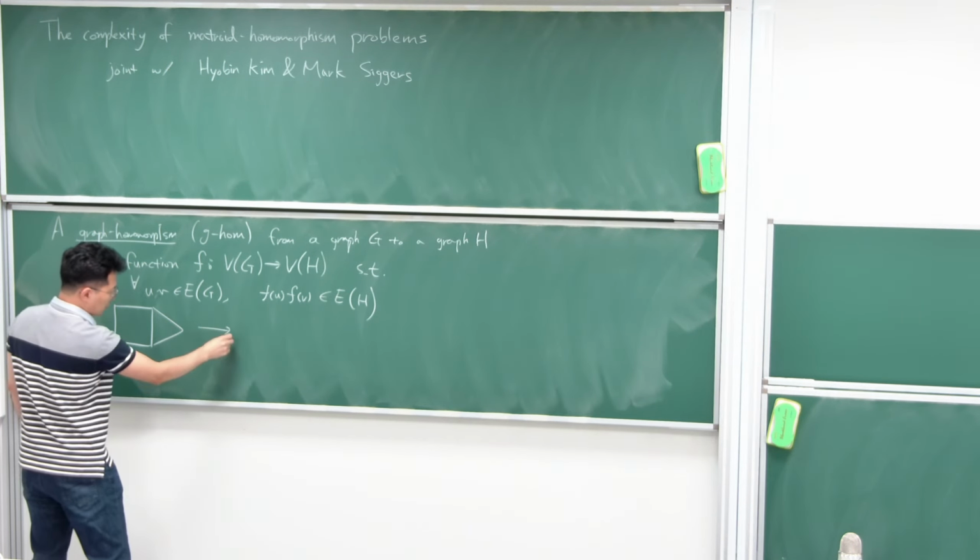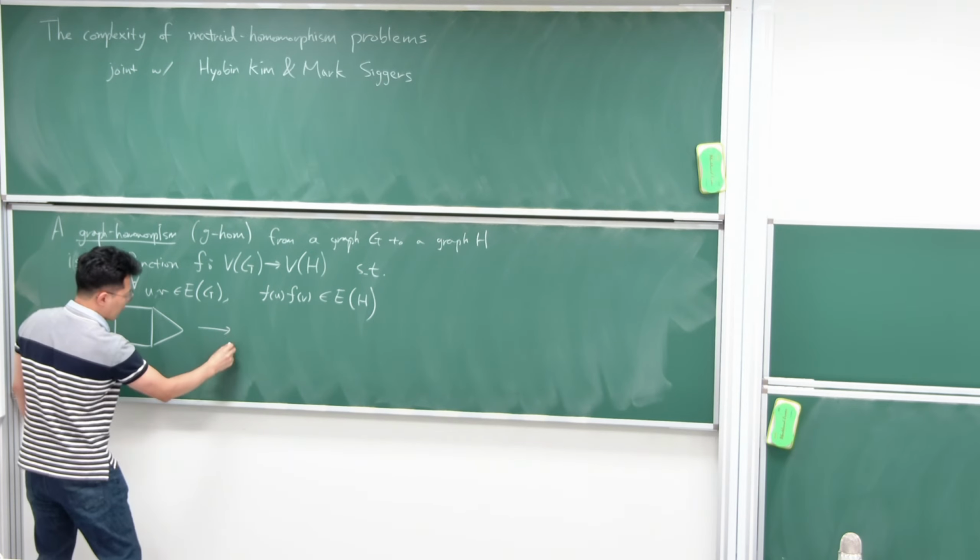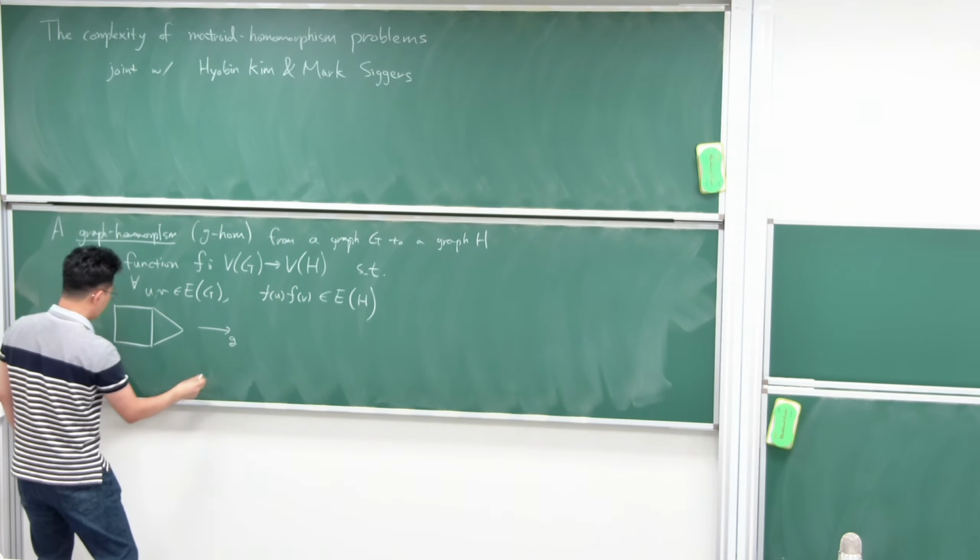We denote this by an arrow with subscript G here.